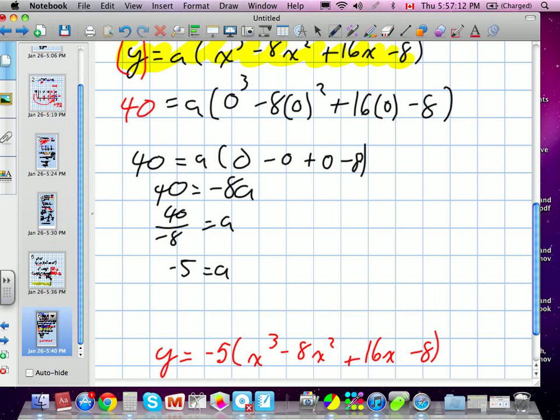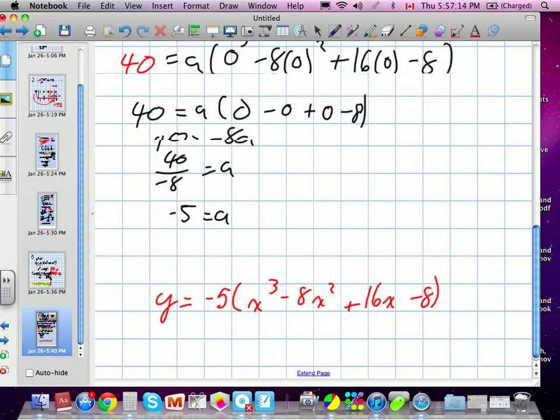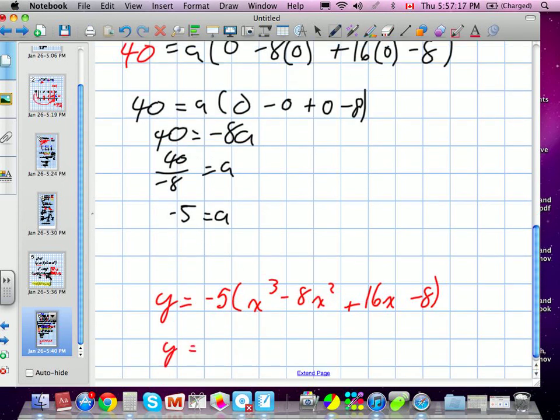Does that make sense? And then finally our distributive property through here. So y equals negative 5x cubed plus 40x squared minus 80x plus 40. And that makes sense for a y-intercept because if we plug in 0 for all these x's, they cancel out. 40 would be our y-intercept. Okay? So that would be our final answer here.